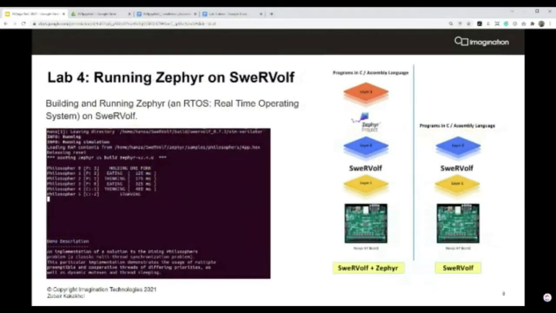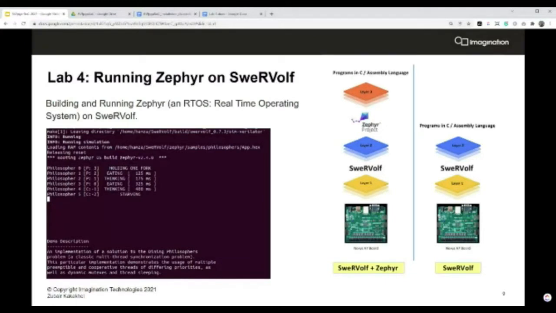So now, Lab 4, I'd like to focus everyone's attention on the hierarchical diagram on the right. We started with SweRV, the CPU core by Western Digital. Then we built the SoC, the system on chip, that runs on the Nexus A7 board.